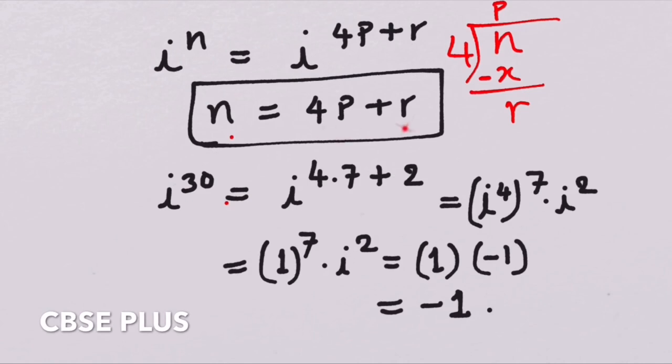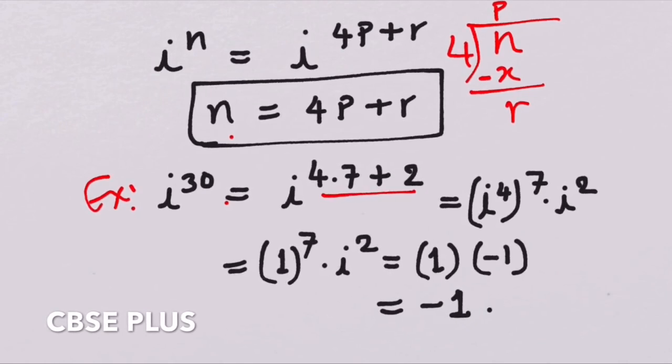What is the significance of 4 into p plus r? Because we know that iota to the power 4 is 1. For example, take iota to the power 30. We can write 30 as 4 into 7 plus 2, since 4 into 7 is 28 and 28 plus 2 is 30. So iota to the power 4 into 7 plus 2. How is it useful for us?